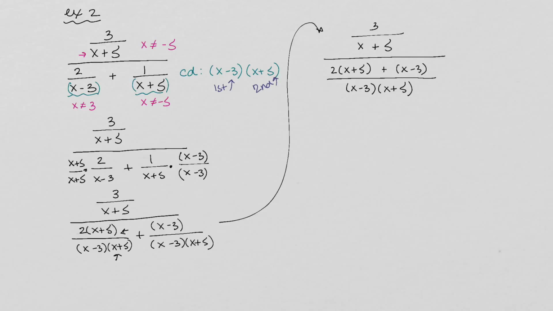And I'm going to go ahead and combine the 2 times x plus 5 and the x minus 3 so that I have one group of terms in the numerator there. So this is 3 over x plus 5 over 2x plus 10 plus x minus 3.